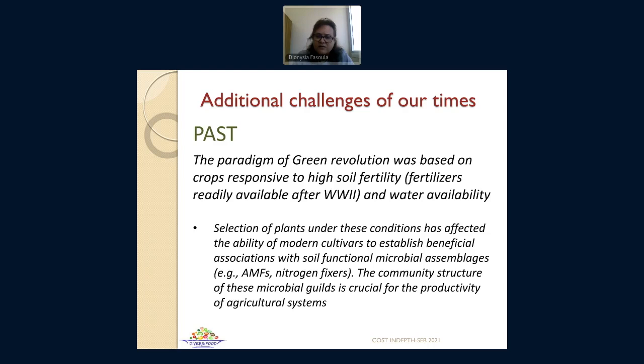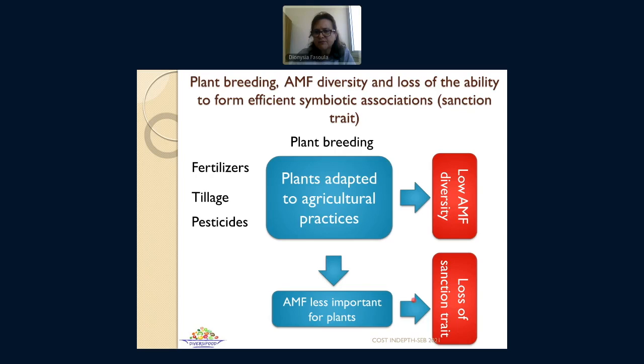Selection of plants under these conditions has affected the ability of modern cultivars to establish beneficial associations with soil functional microbial assemblages, like the AMFs or nitrogen-fixing bacteria. So the community structure of these microbial guilds is crucial for the productivity of agricultural systems.